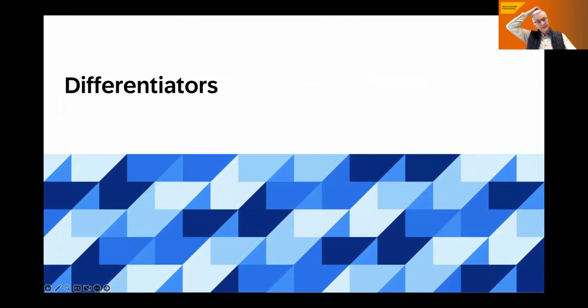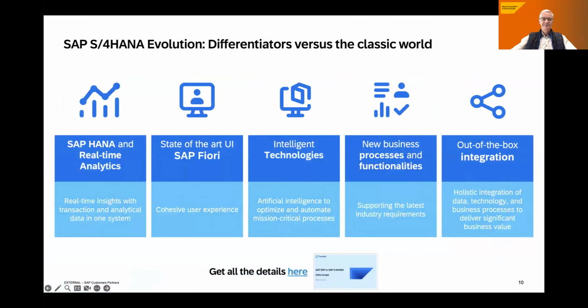So the differentiators, next one please, are what we did differently in SAP S/4HANA compared to the Business Suite or ECC. First box on the left-hand side: new platform and a new architecture with implications for analytics. Second thing, state-of-the-art UI. We all love SAP GUI, but SAP Fiori is the way to go. Intelligent technologies.